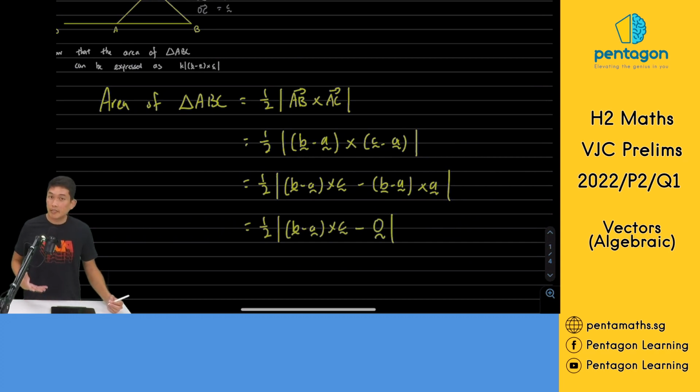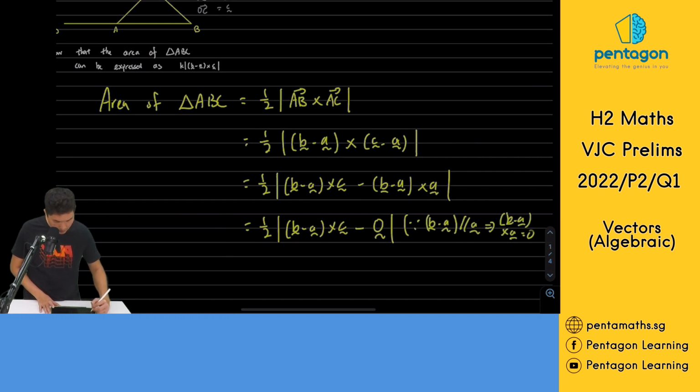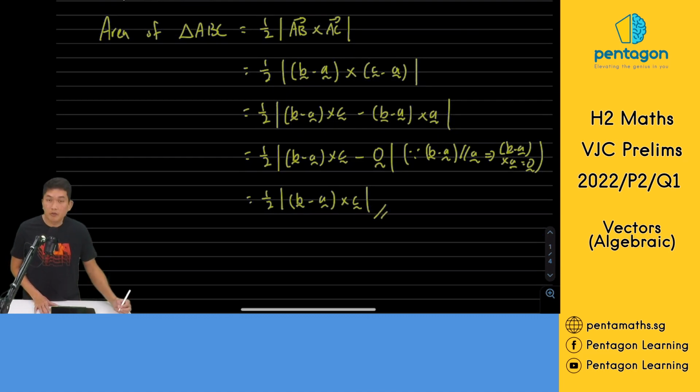And you probably want to write an explanation saying that because they are parallel. Sorry for squeezing at the side, I ran out of space. And with that we can conclude this is what we're supposed to show, where k is equal to a half. And that is part 1.